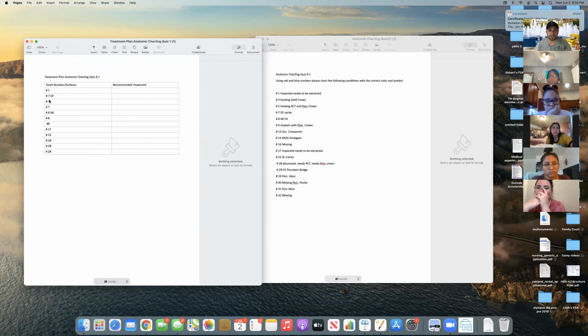And if you notice, there are 3 tooth number 7s. The reason why there are 3 tooth number 7s is because we have different options that we can do. Number 7 has a distal facial cavity, so we can either do a distal facial composite, we can do a veneer, or we can do a crown. Those are options that we would normally give a patient.